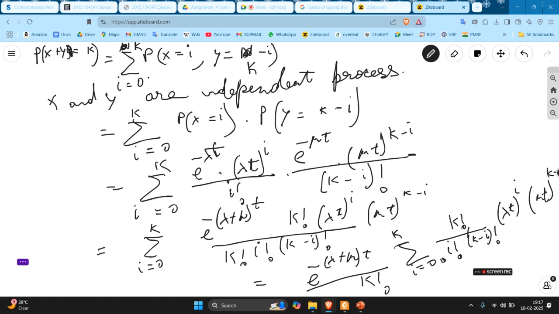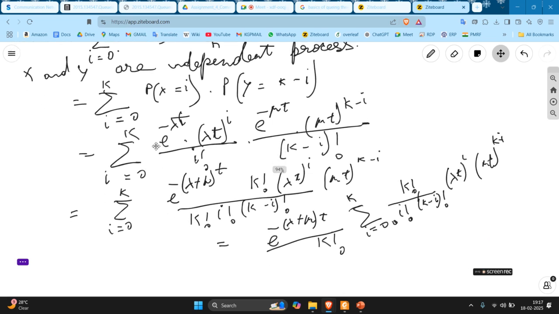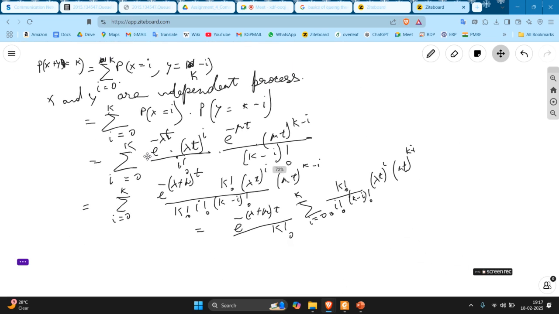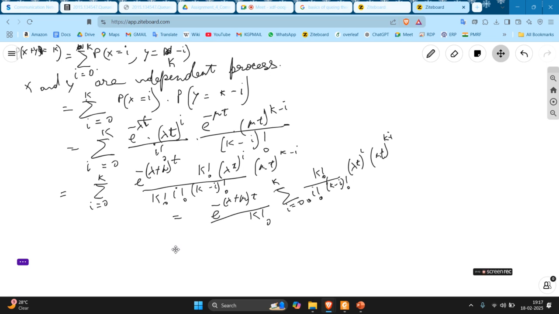Now this is basically the binomial expansion of (x plus y) to the power n. So this is binomial expansion.